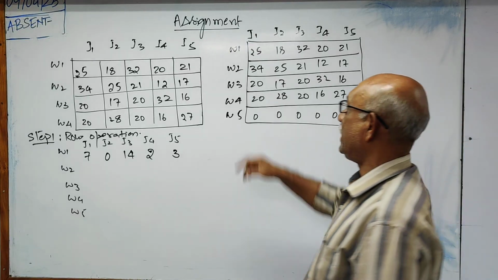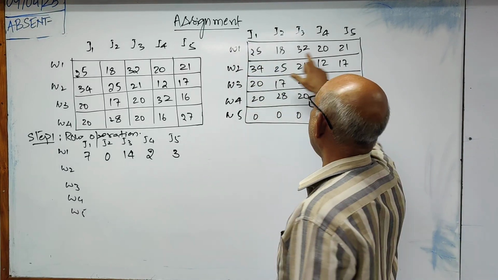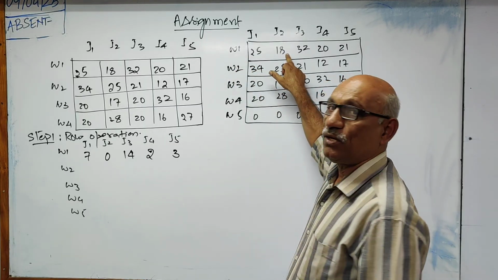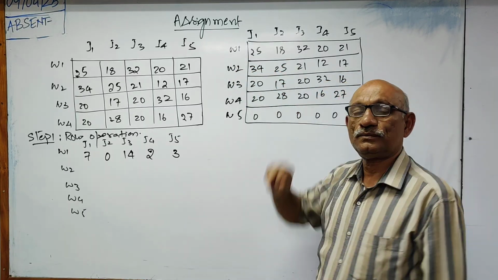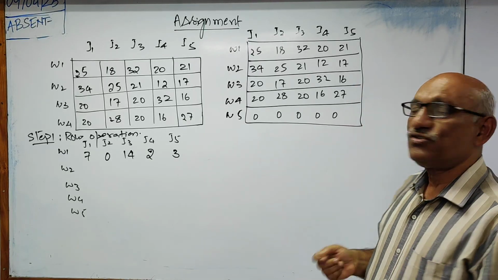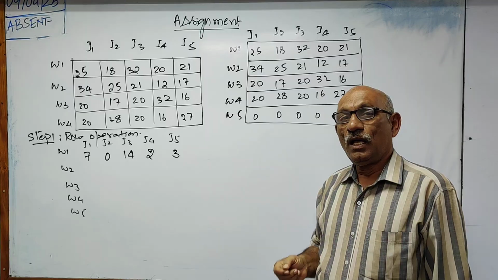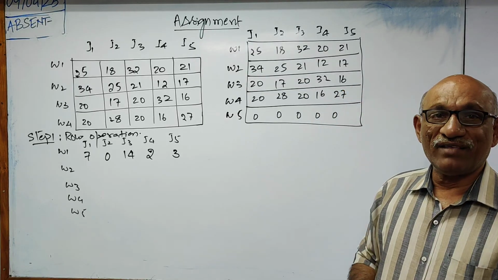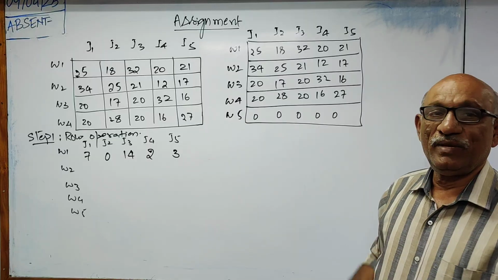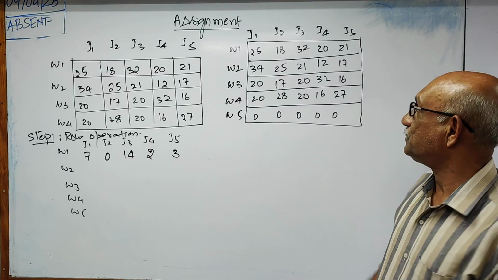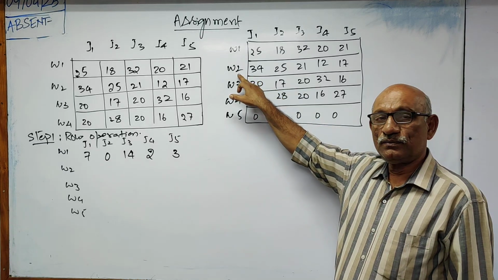So from the first row point of view, opportunity cost is calculated. Worker 1 can do any of these jobs. For worker 1, job number 2, when assigned, assignment cost is least. Instead of assigning job number 2 to first worker, if any other job is assigned, that will be the additional cost the firm has to incur. Go to the second row.